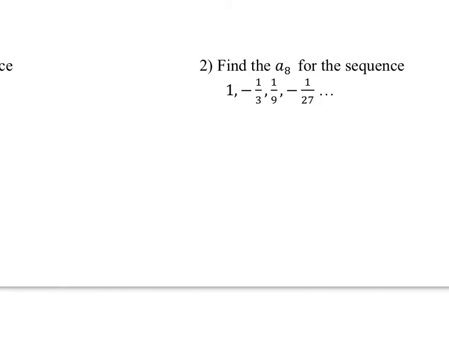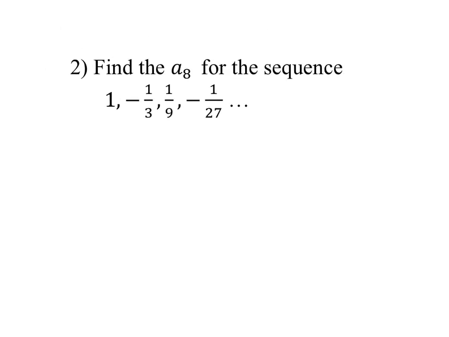All right. So same deal with this one. What is the common ratio? So the common ratio is -1/3 divided by 1, which is just -1/3. So we simply multiply each one of these by -1/3.